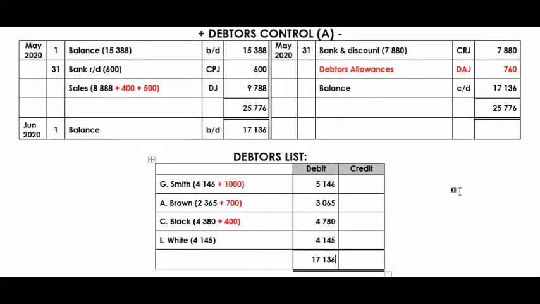And then after you've finished your debtors control accounts, well, you close it off and you total to your debtors list, you will see that you've done everything correctly because now suddenly the balance brought down on the 1st of June is equal to the total of the debtors list.